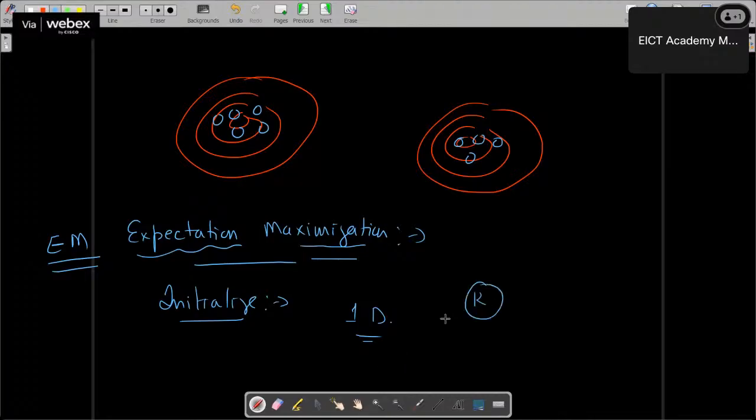Number of components means deciding on the number of Gaussian distributions to use in the model, meaning the data set is composed of a mixture of how many Gaussian distributions. So the first step in initialization is to choose the number of components.